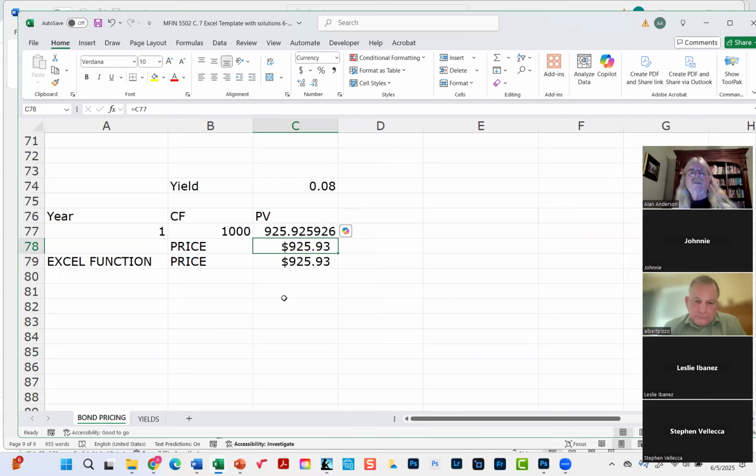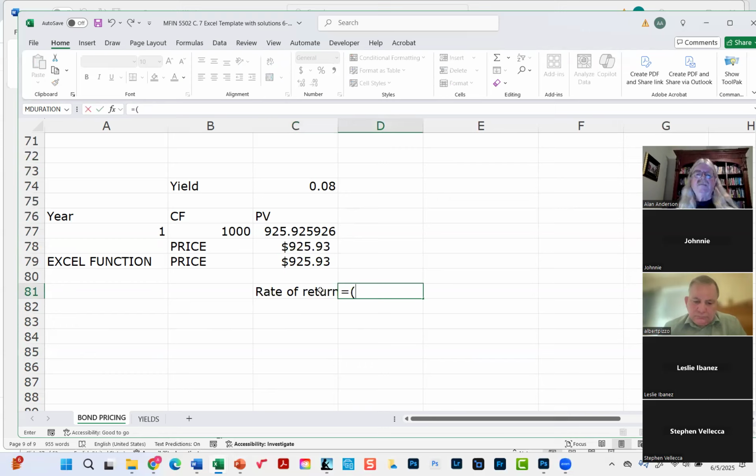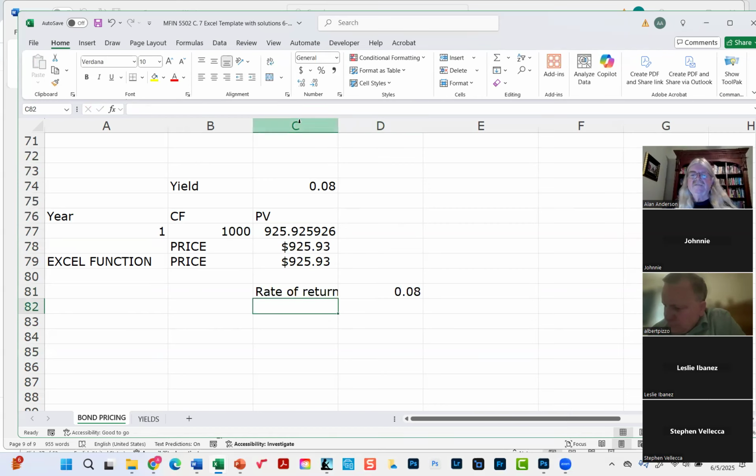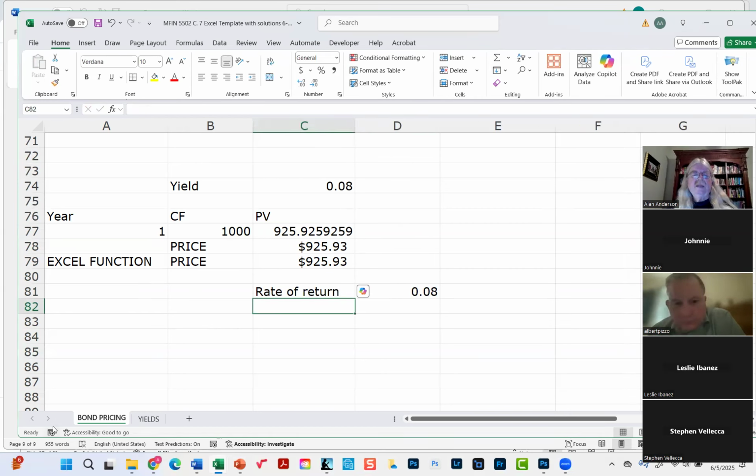Okay. So the rate of return will be my capital gain, which is the difference between the 1,000 and the price, divided by the price, and it is 8%. Beautiful.